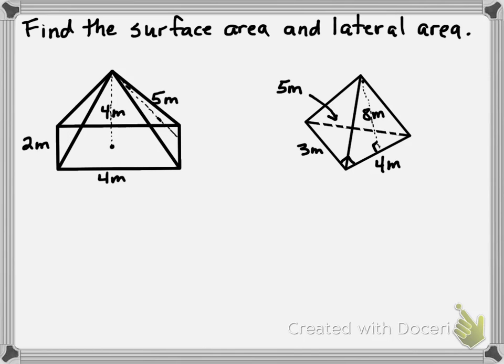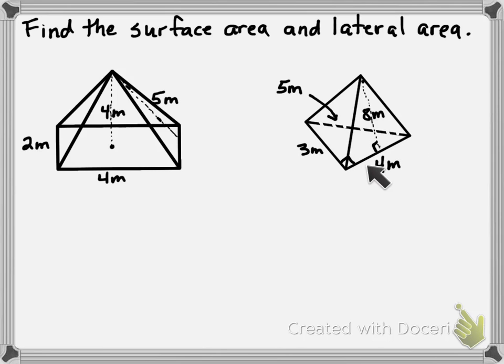Alright, so you've got a rectangular pyramid over here. You can see this is 2 meters, 4 meters, 4 meters, and this dotted line over here is what's 5 meters. Okay, notice here that this right angle is talking about that the triangle on the bottom is a right triangle.